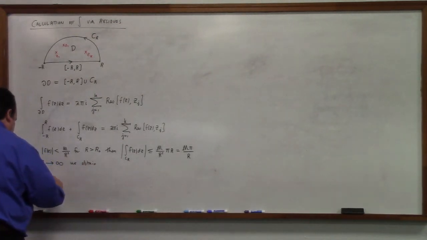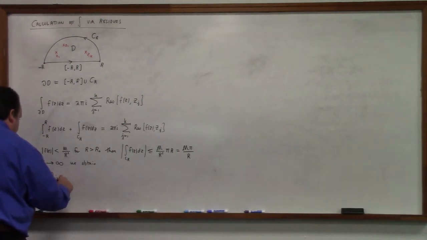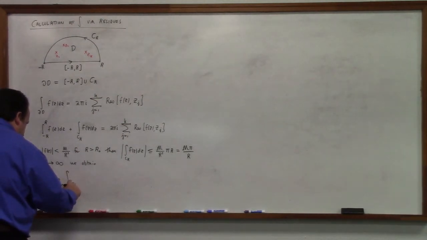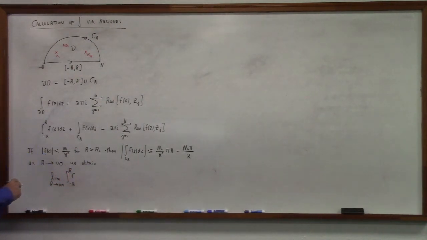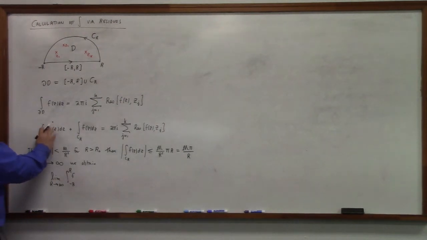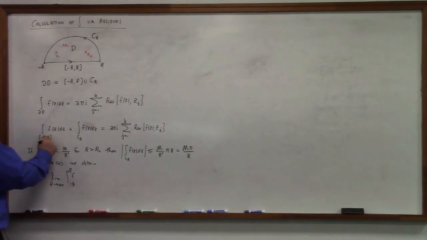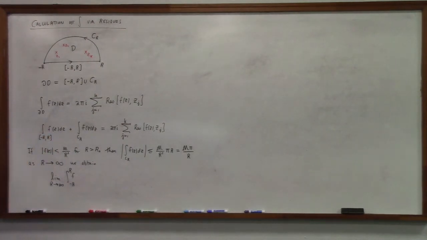that the limit as R goes to infinity of the integral from minus R to R. I should be careful here, it's the integral over that path. But what is that path?